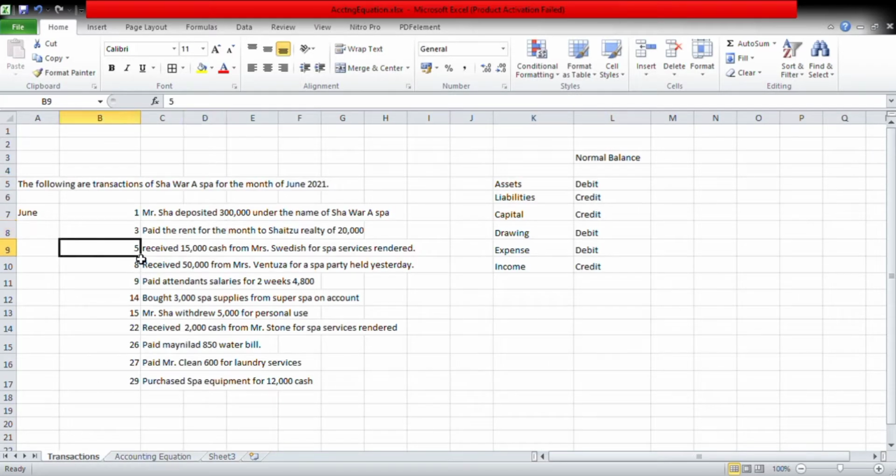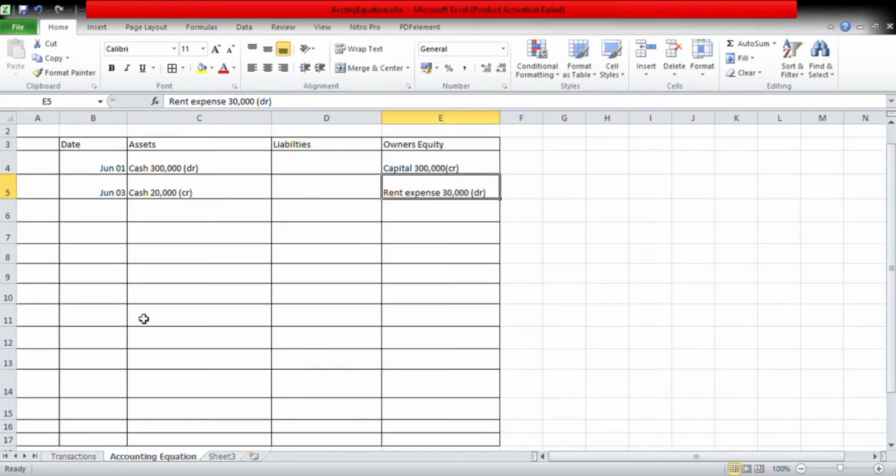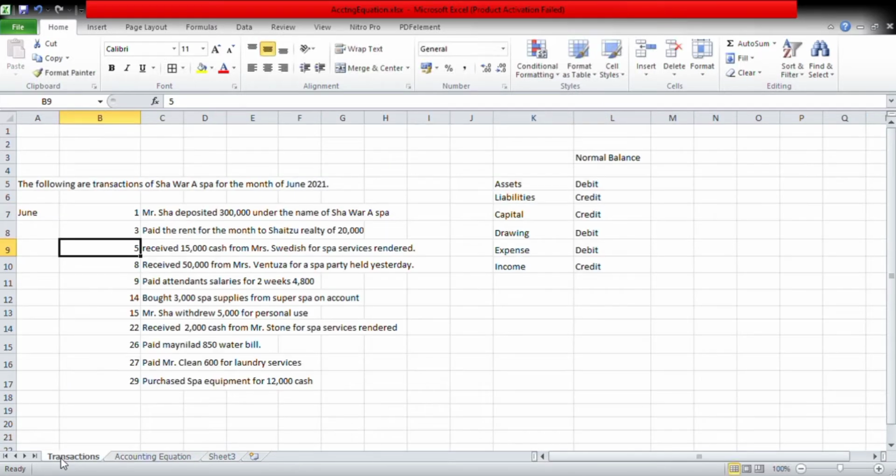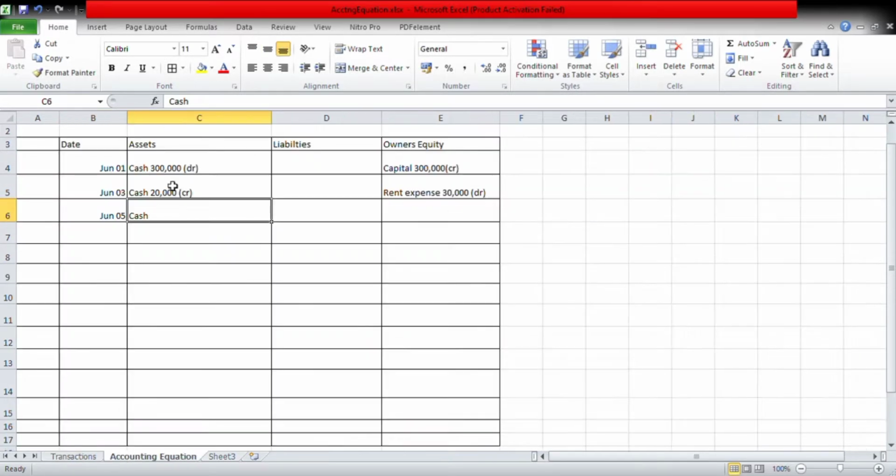June 5, received 15,000 cash from Mr. Swedish for spa services rendered. So here it's like sales. We provide service, so we have sales. So we receive cash since we were able to provide service. How much? 15,000.